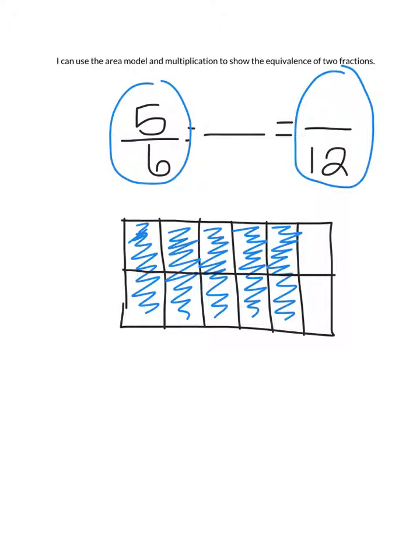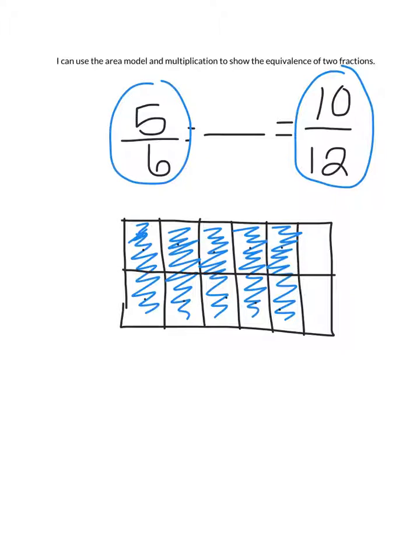And I can now count the number of sections that are shaded. And we have 1, 2, 3, 4, 5, 6, 7, 8, 9, 10. So 5/6 is equal to 10/12. And when I think about what I've done, I've doubled the number of sections.